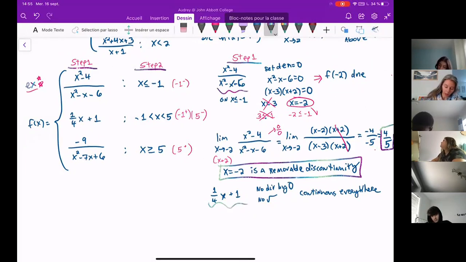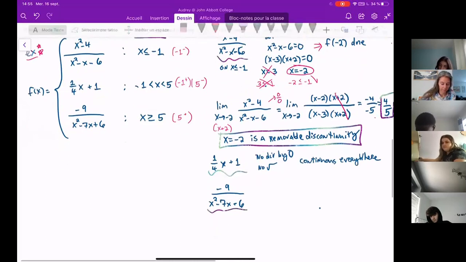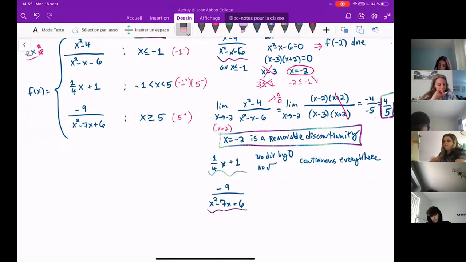And so then we look at our last function, which is negative 9 over x squared minus 7x plus 6. Here, we do have some things in the denominator, so we're trying to figure out where we have division by 0.